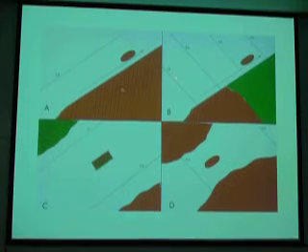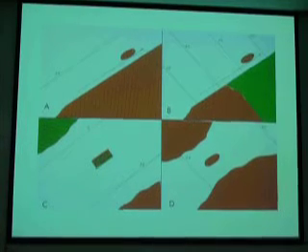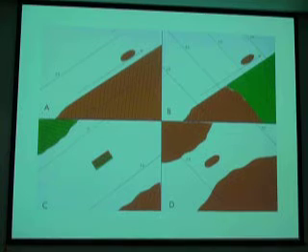Now, these are lines of paleolatitude, okay? And as we've seen already, paleolatitude is the most important control on biogeographic distribution, and bioclasses as well.